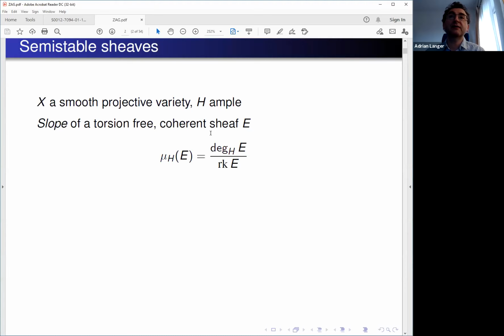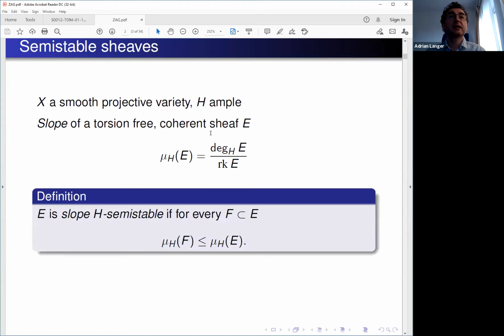So if you have a hyperplane section, it's just the degree on a general curve. And then the definition is that a sheaf is slope semi-stable with respect to this particular polarization if for every subsheaf the slope of the subsheaf is at most the slope of the sheaf you started with.